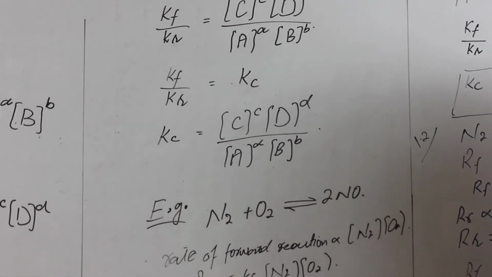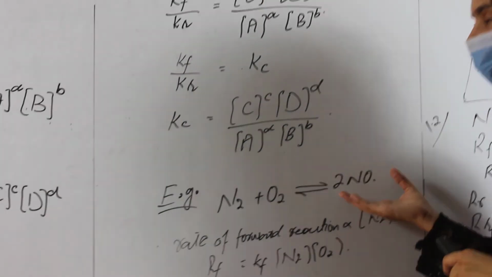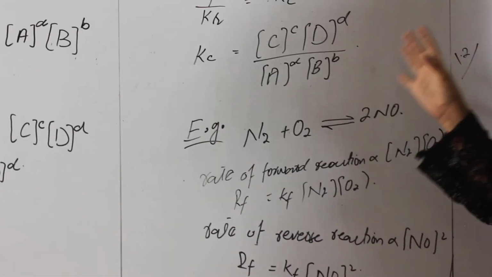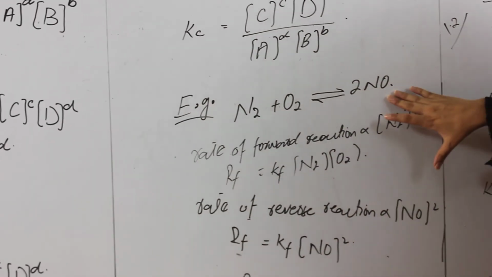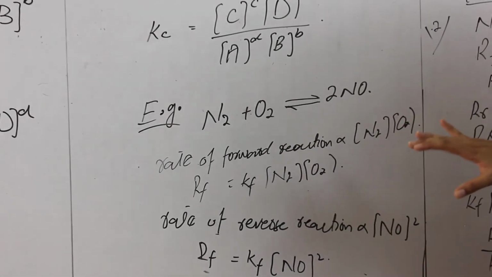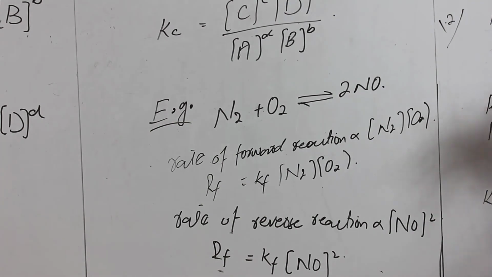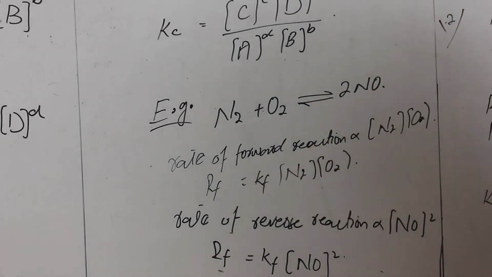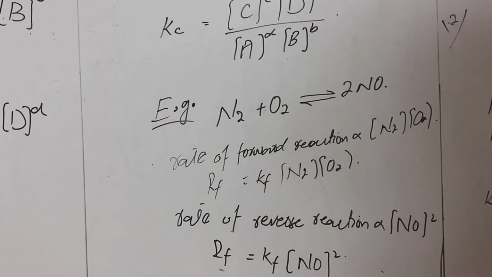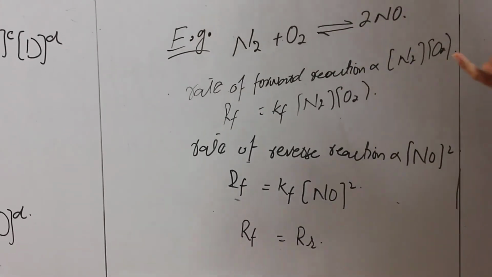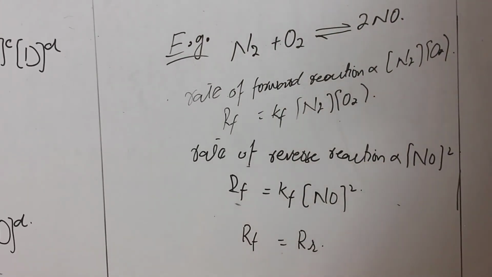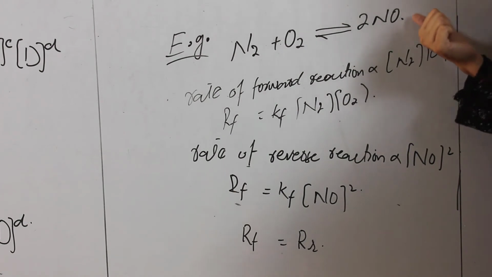Next we discuss examples. That was only the general expression, but if we apply it to different types of equations, how can we get the equilibrium constant? In this case we take nitrogen and oxygen: 1 mole of nitrogen and 1 mole of oxygen react with each other and form 2 moles of nitrogen oxide.